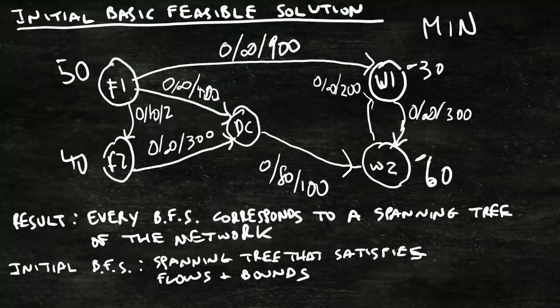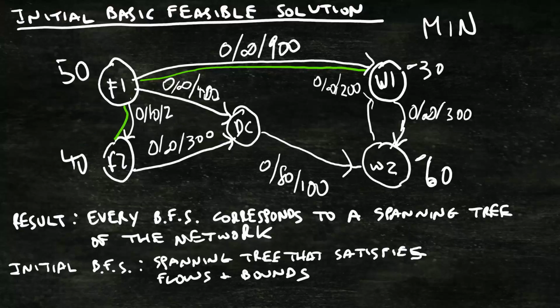And so the spanning tree is going to be superimposed. So let's say that we want this variable in the basic feasible solution, which means that it will be somewhere between 0 and 900.